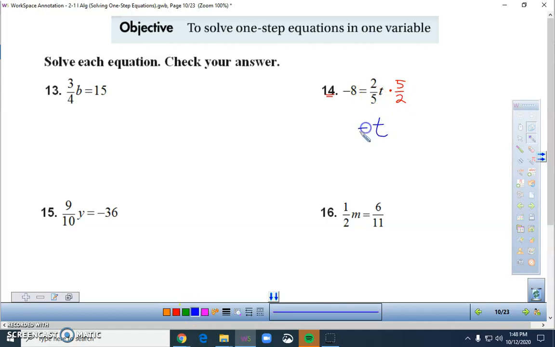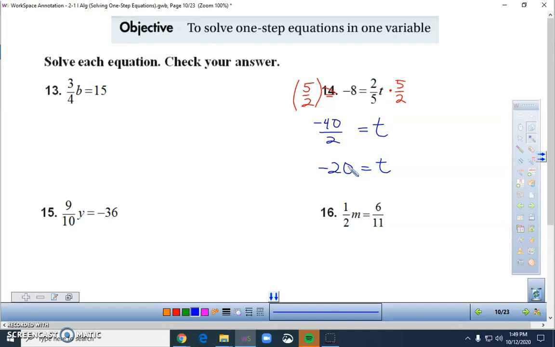It's exactly what I wanted, was 1t, or isolating the variable, so I can solve for it. However, if I do this on one side, multiply by 5/2, then I need to multiply by 5/2 on the other side. Okay. Then what happens is I end up with negative 40 over 2, which is negative 20.